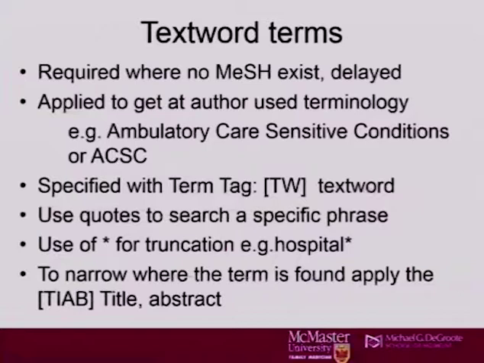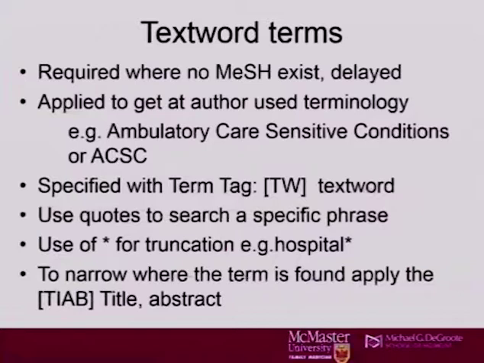It's also important to apply text word terms to get at author-used terminology. So again, harkening back to the Hamilton Initiative literature search, we arrived at the phrase ambulatory care sensitive conditions, or ACSC. That is not a MeSH term, so we definitely used that text term to plug into our strategy.